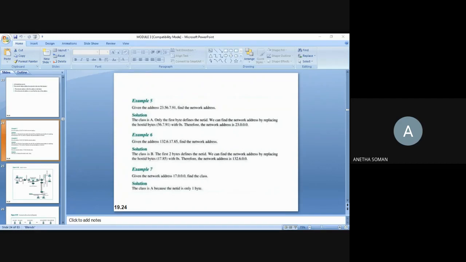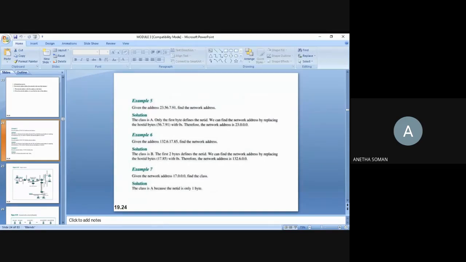Okay, now coming to the subnetting concept in detail. When you are considering an organization, I have told you there are many classes of address like class A, class B, and class C. And the first address of each class or each block is nothing but the network address. The routers outside the organization make use of this network address if they want to deliver the packet to the correct network or the correct destination.